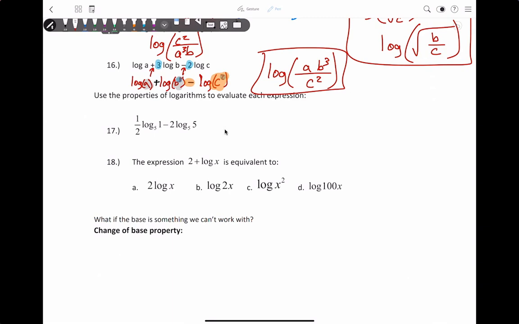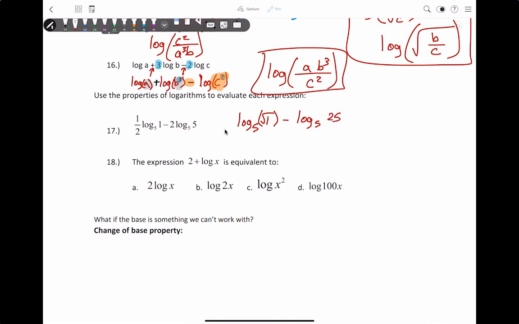All right, so now let's move to 17, and we're going to use the properties to evaluate the expressions. Okay, here we go. Log base 5 of 1 to the 1/2. Well, 1 to the 1/2 is the same as square root of 1. Okay, we're going to subtract log base 5 of 5 squared, which is the same as 25.